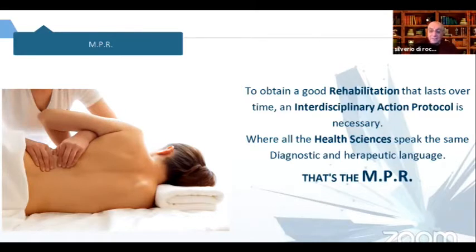That is the M.P.R. The M.P.R. teaches people to speak the same language in diagnosis and treatment. We cannot work together if we do not speak the same language in diagnosis and therapy. And that is very, very important to have a good rehabilitation.